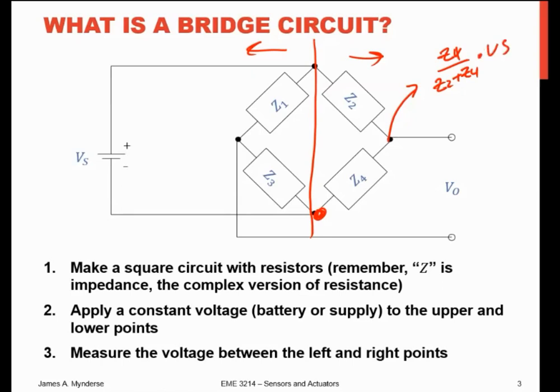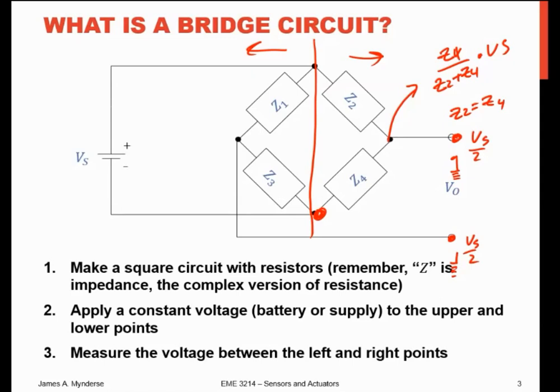And if Z2 equals Z4, then my voltage at this point relative to ground is going to be basically Vs over 2. If I did the same thing on the other side, my voltage here relative to ground is Vs over 2.